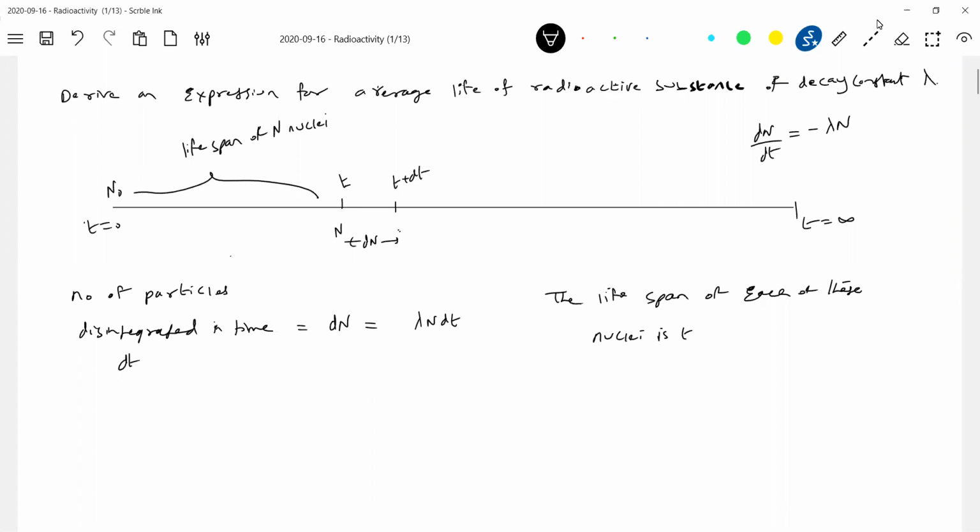Then the sum of lives of all dN nuclei is next.